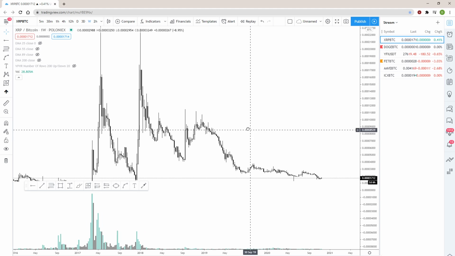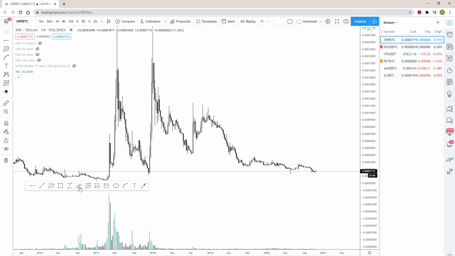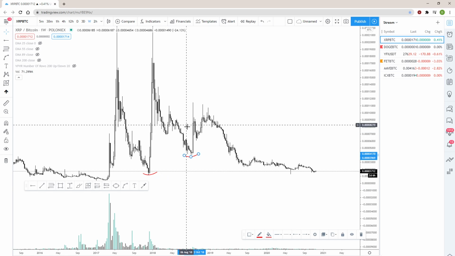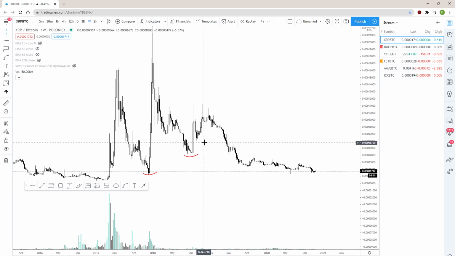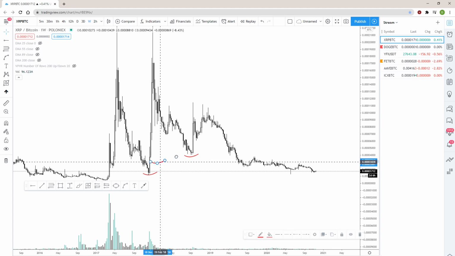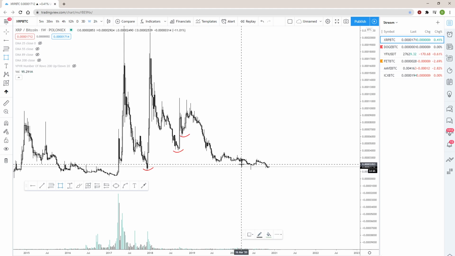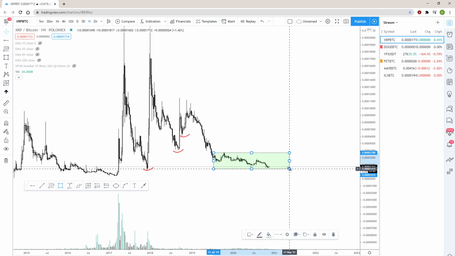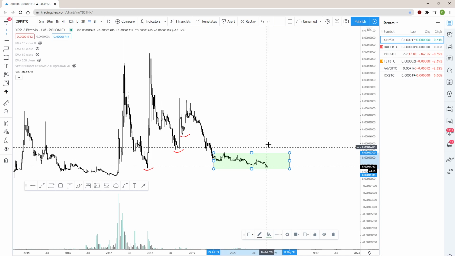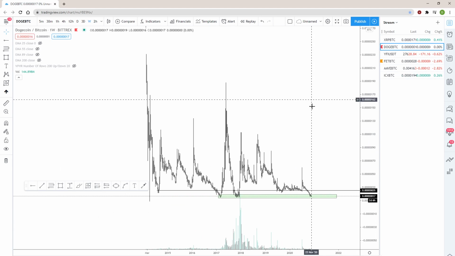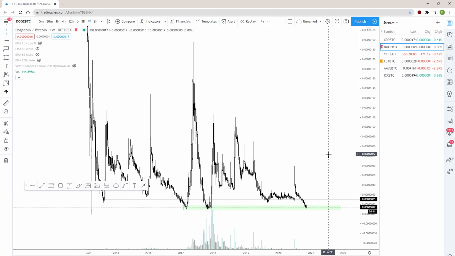So XRP has had 2 of these V-shaped reversals right here, and then another one right here. And it's actually quite interesting right now. It's doing another type of reversal pattern, which is the accumulation bottom, which we'll talk about later.